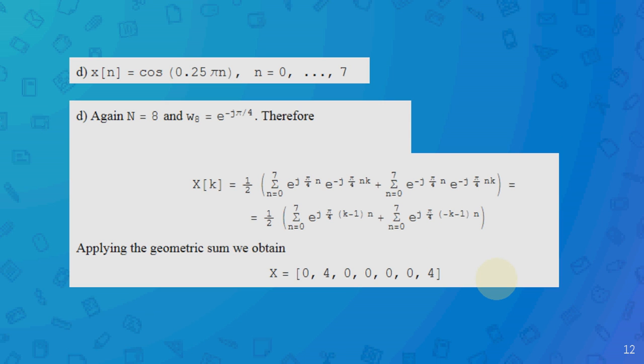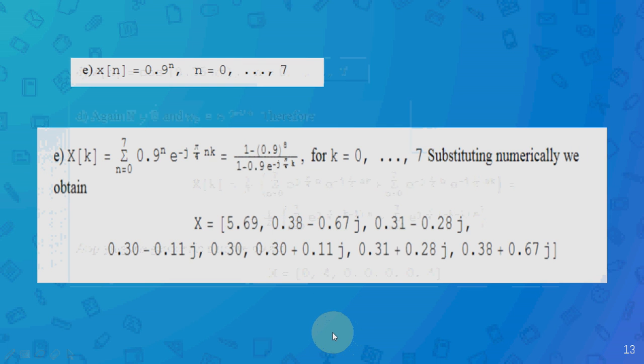So expand these terms, and you will get 1 by 2 summation n equals 0 to 7 e raised to j pi by 4 into k minus 1 into n, plus summation n equals 0 to 7 e raised to minus j pi by 4 into k plus 1 into n. So you will get the answer 0, 4, 0, 0, 0, 0, 0, 4.